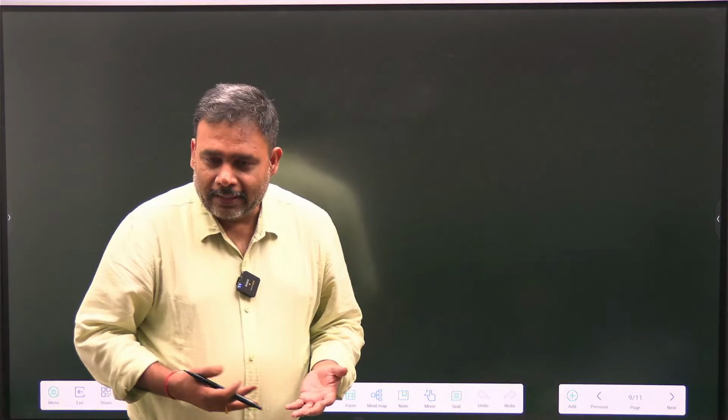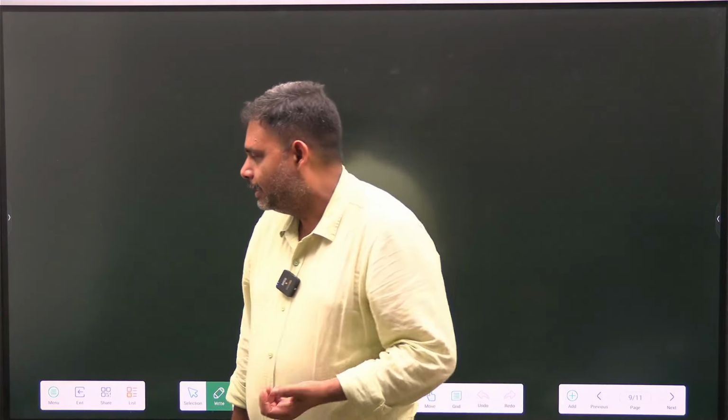So again we will start with the Bohr model, and then we will try to see how we can find the spin orbit coupling, that is S dot L. So let's go for spin orbit coupling.